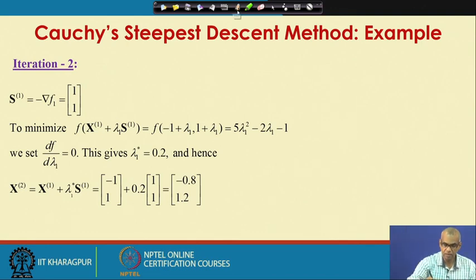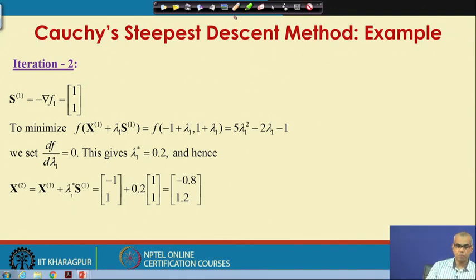Again, I have to minimize f of x 1 plus lambda 1 s 1, which is equivalent to minimizing 5 lambda 1 square minus 2 lambda 1 minus 1 with respect to lambda 1. Take the derivative with respect to lambda 1, set that equal to 0, and you get lambda 1 star as 0.2, the optimal value of the step length.